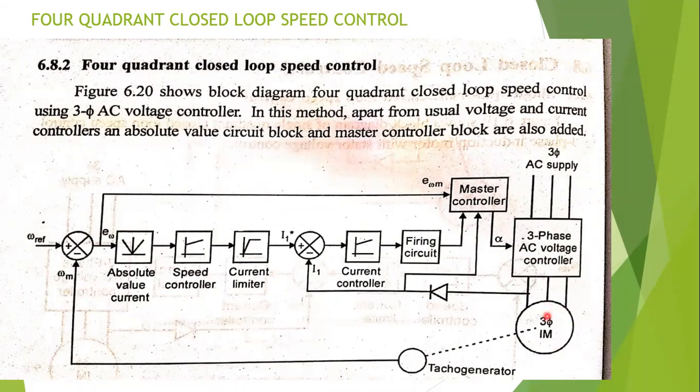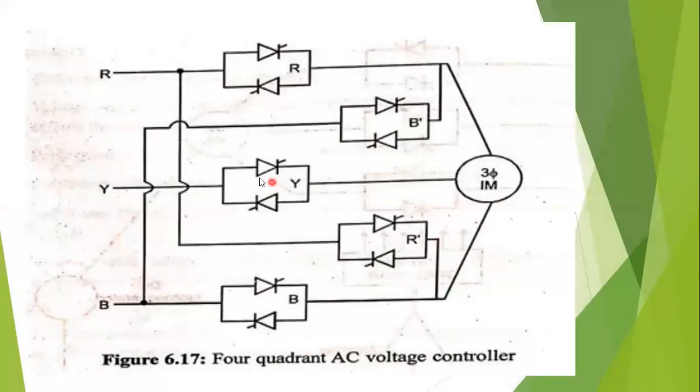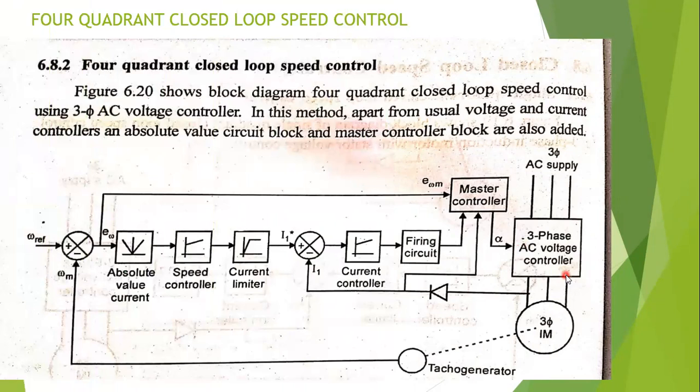Understood? If you want to rotate the motor in the reverse direction, the master controller gives the triggering pulses to the R dash Y B dash. Then the phase sequence changes, and the motor rotates in the other direction. So in this way, the three-phase induction motor can be controlled.